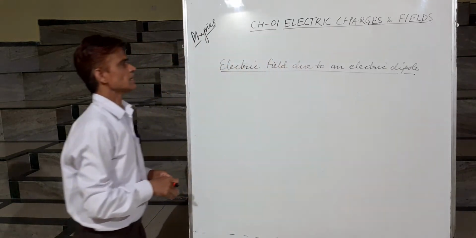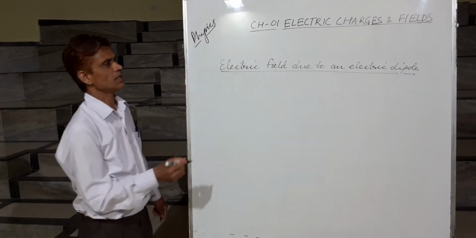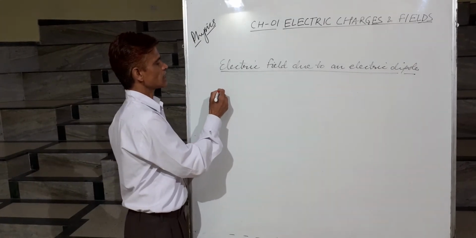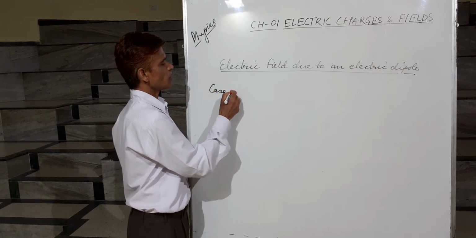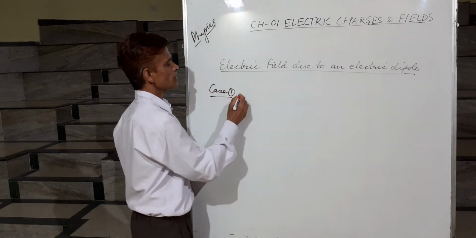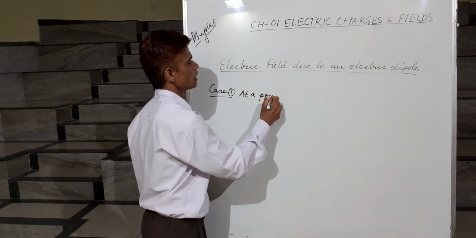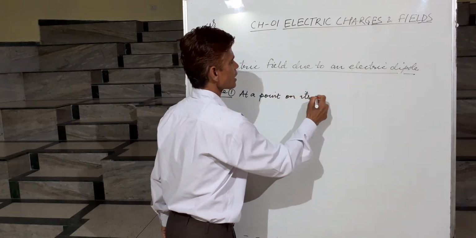So there are two cases of calculation of electric field due to an electric dipole. First we will calculate the electric field due to dipole at a point on its axial line.